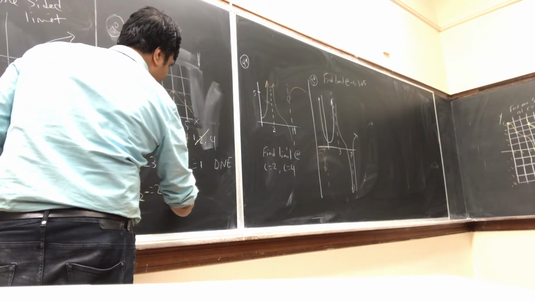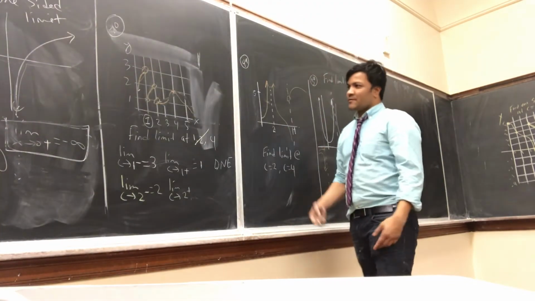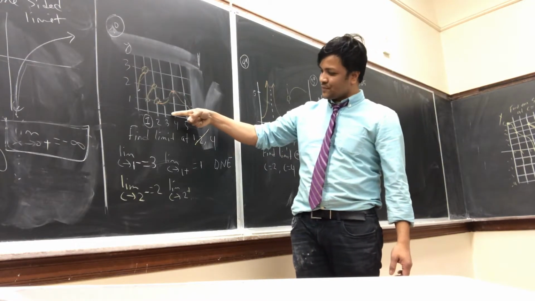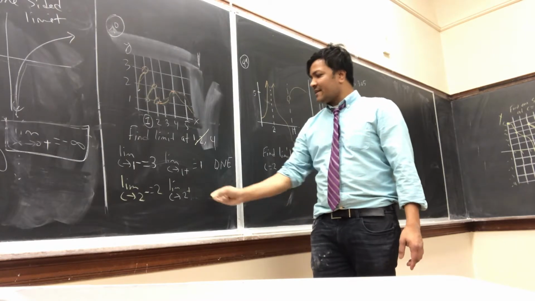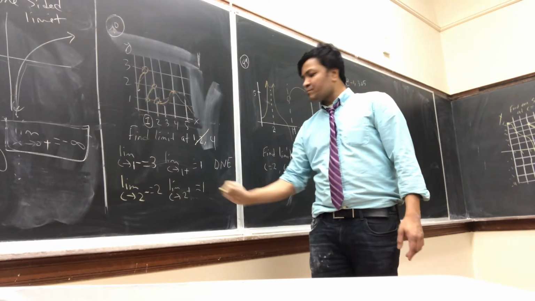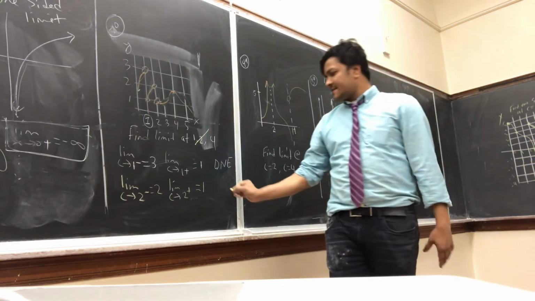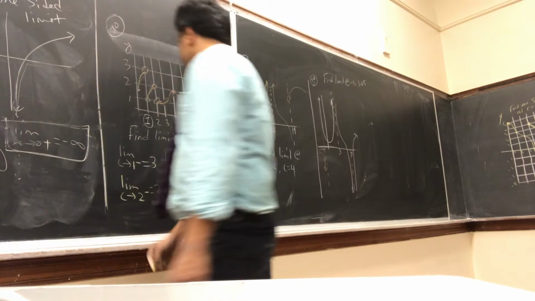Limit c goes to 2 from the right. What do you get? 1. Everyone agree we get 1? Does the limit exist? Does not exist.